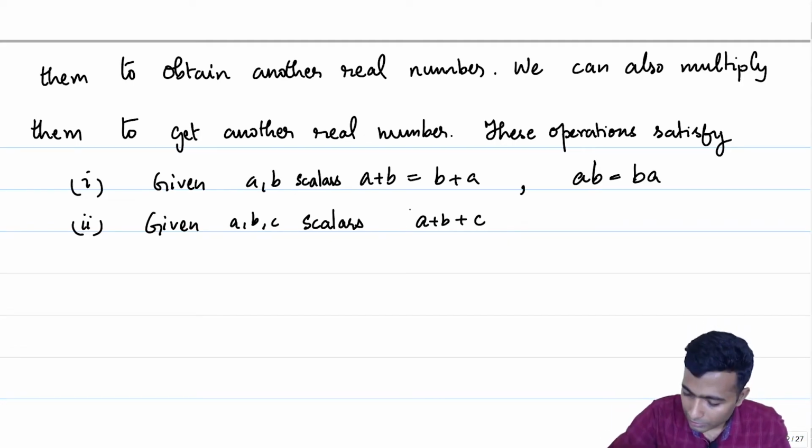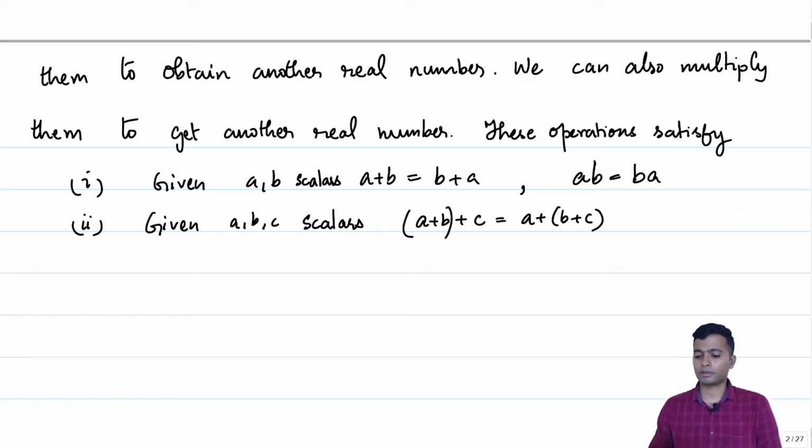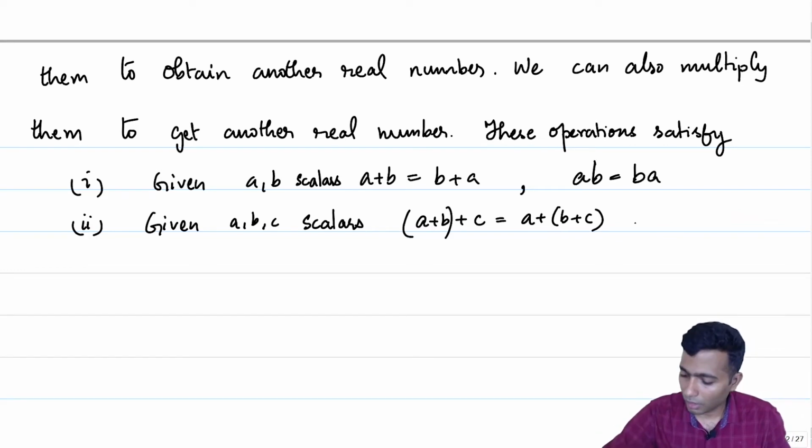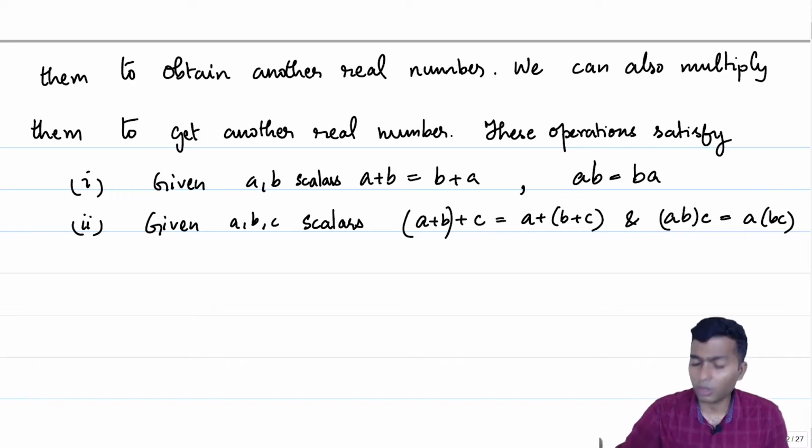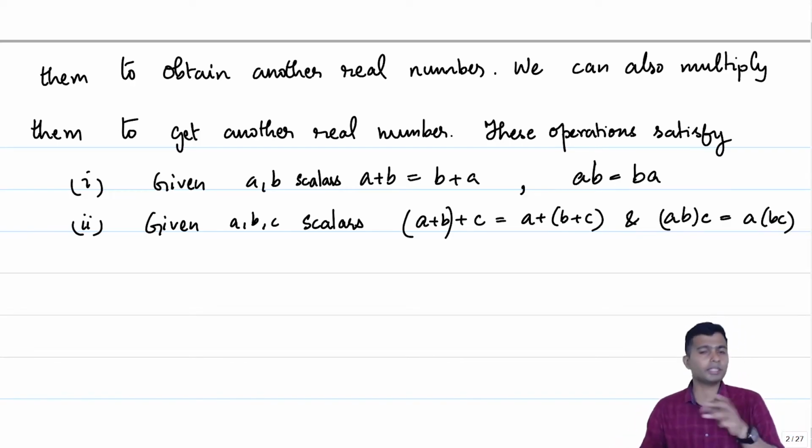This property tells us that the order in which we do this is irrelevant. So addition is what is called associative, and similar is the case with multiplication. The order in which we multiply the 3 scalars is not important.